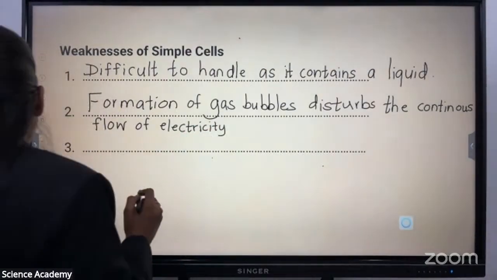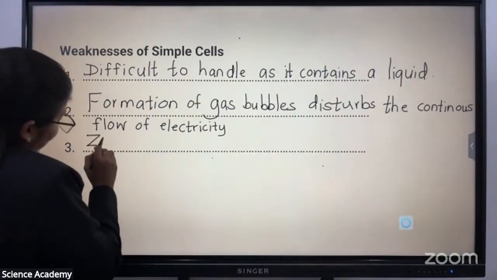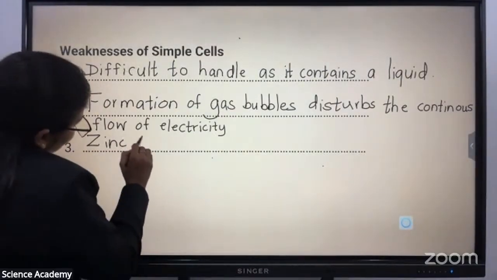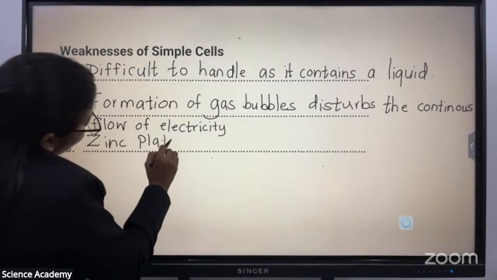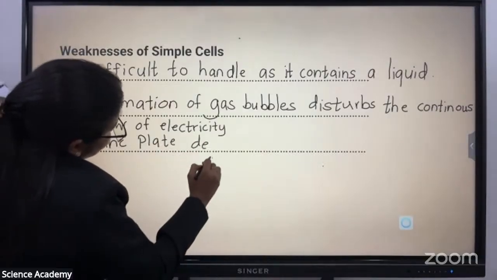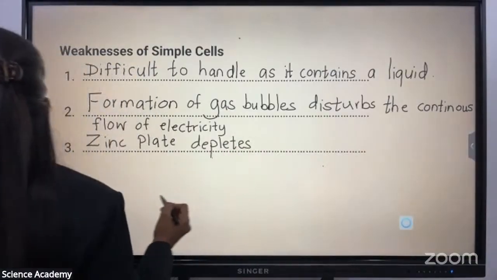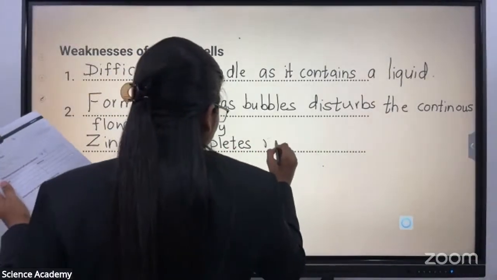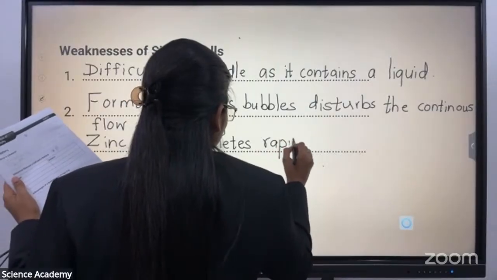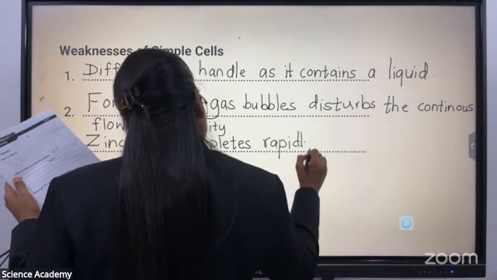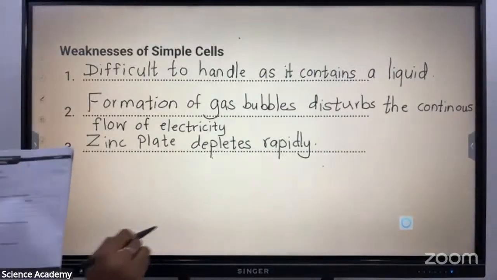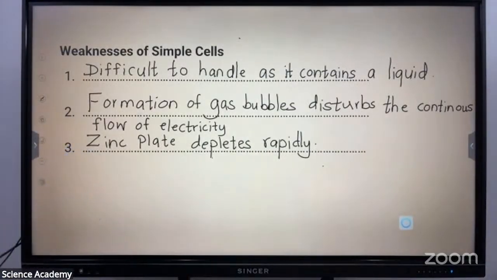Okay, the next one: zinc plate depletes rapidly. Depletes means it wears away and dissolves. Okay, quickly write these down as the weaknesses.